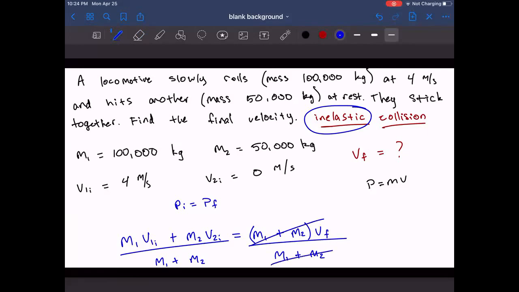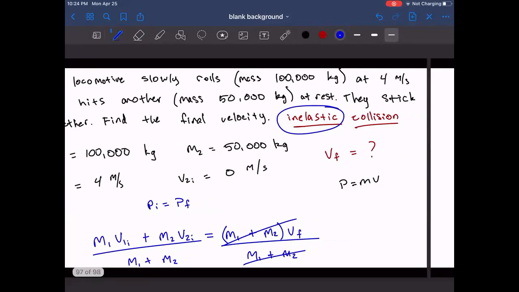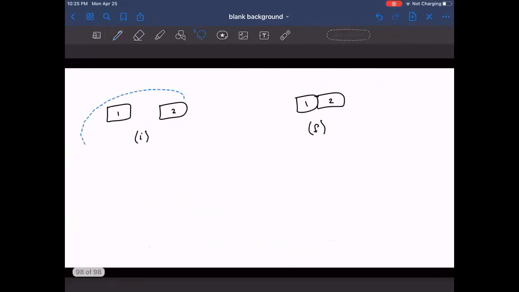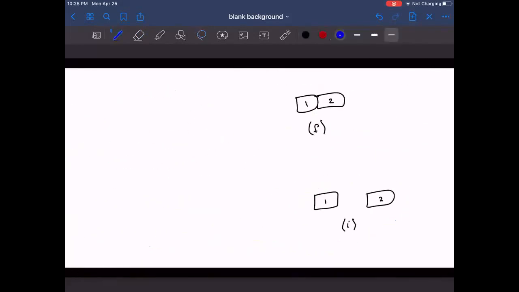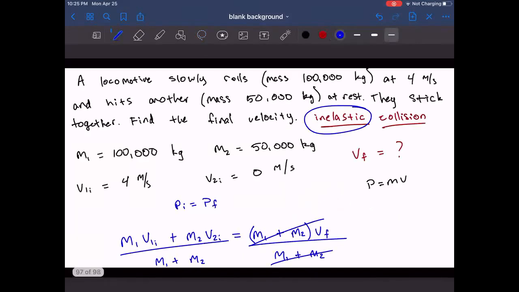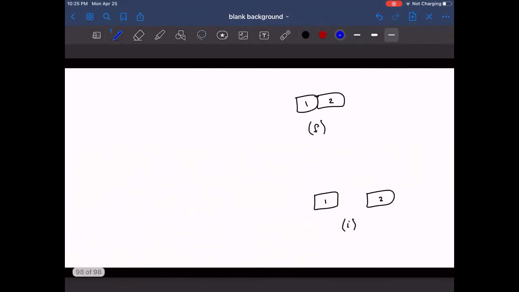Yes, that's why you do it. So then you're left with v1i plus v2i equals vf. Well, you forgot all your masses, but yes, kind of. This is what it is after you cancel.